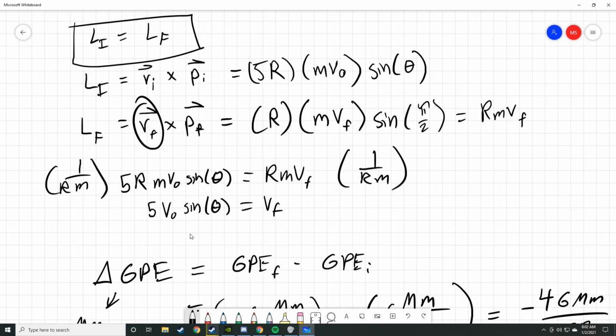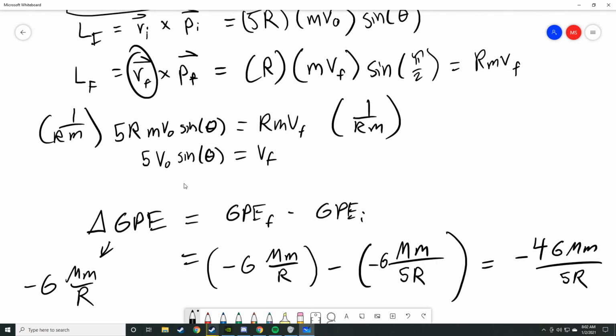So now we can use this equation here. This one was the one that we got from conservation of angular momentum. And now we're going to plug in this V final that we received in terms of V initial and other known variables in order to solve for this unknown.